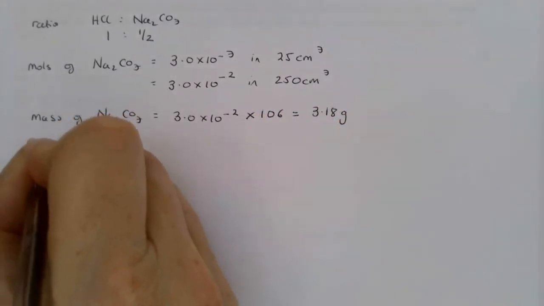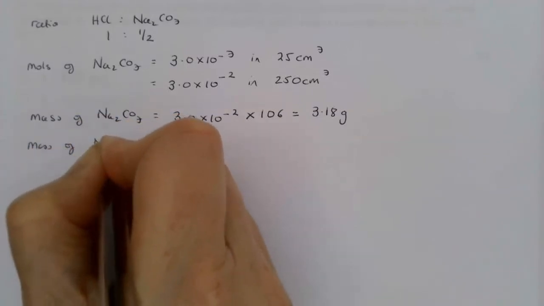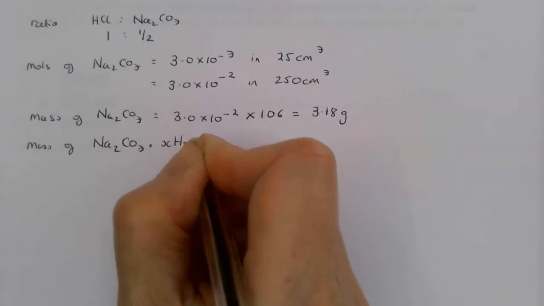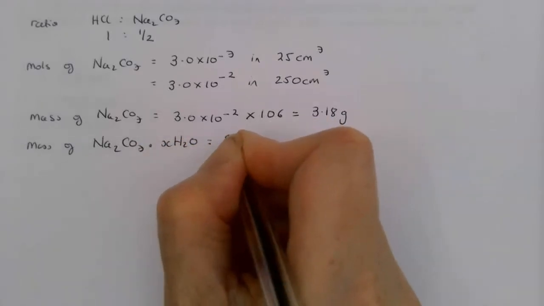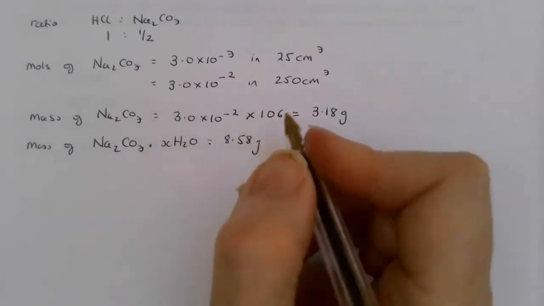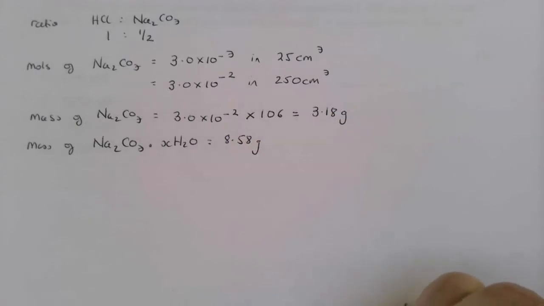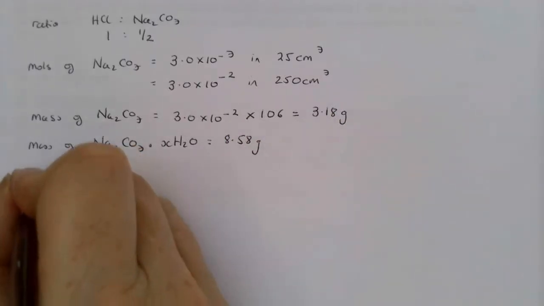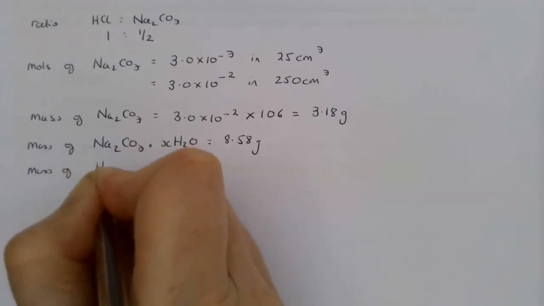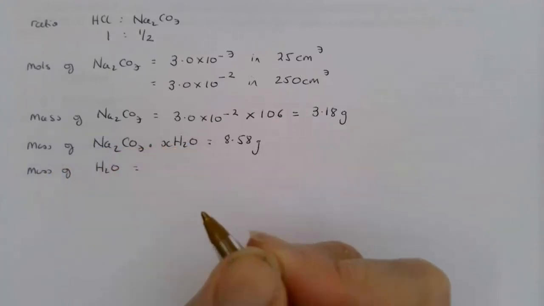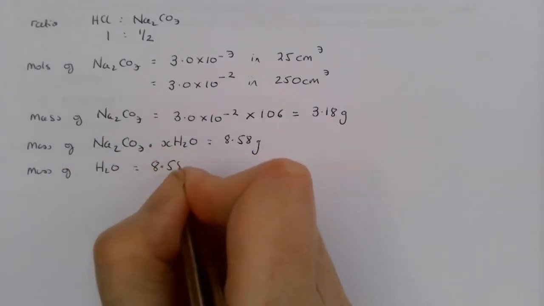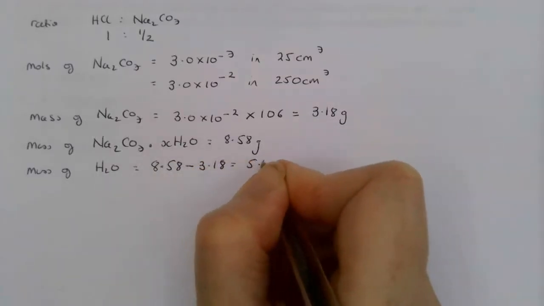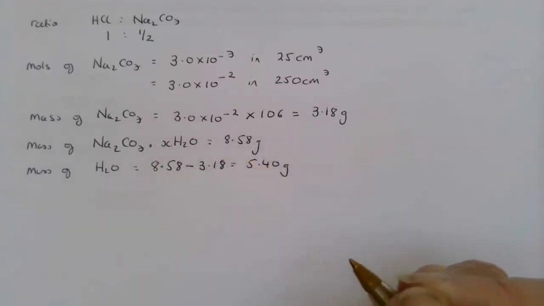But we know the mass of the Na2CO3.XH2O is 8.58 grams. So the difference between those two is going to be the mass of the water. So the mass of the water is equal to 8.58 minus 3.18, so that's 5.40 grams.